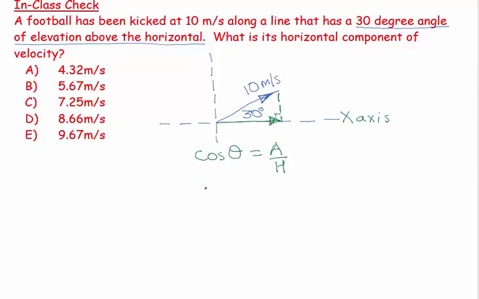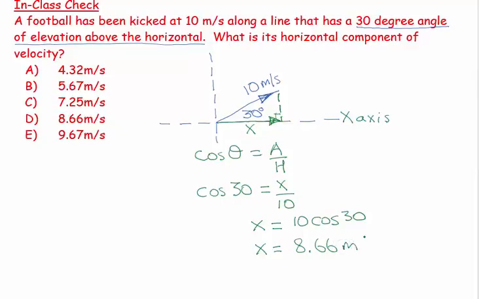So cosine 30 is equal to the adjacent, which is what I want, let's call this x, over the hypotenuse, which is 10. So my x component is equal to 10 cosine 30 degrees. So my x component equals 8.66 meters per second.